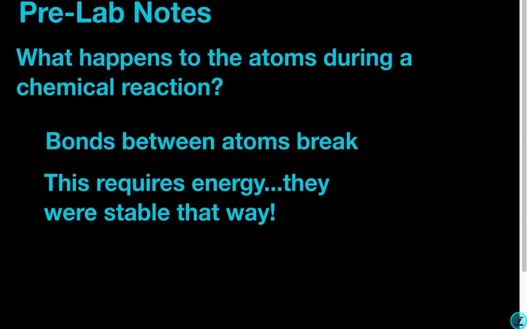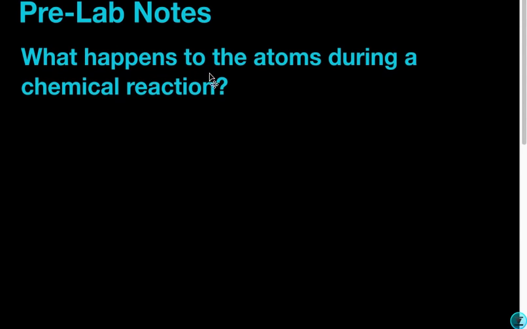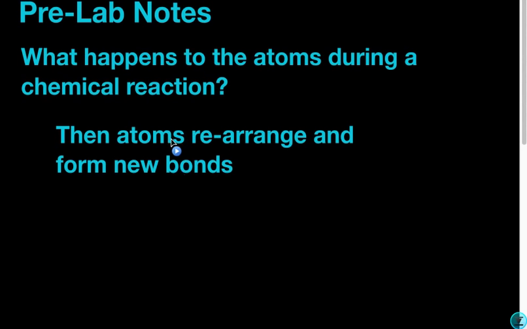All right. How about our next step? Well, the next step is then the atoms are going to rearrange and form new bonds. Remember, that's our definition of a chemical reaction. Atoms break apart from each other, rearrange, and form new bonds to make some sort of new compound that wasn't there before the chemical reaction.